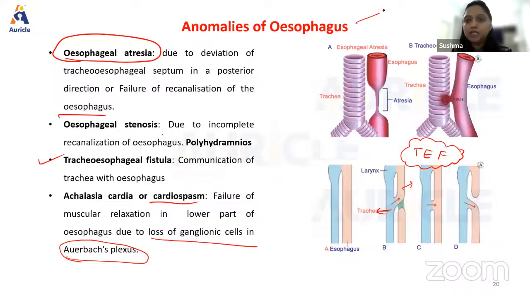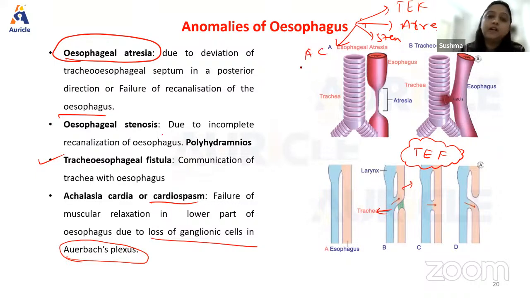So, what are the anomalies of the esophagus? Tracheoesophageal fistula, atresia, and at some places there may be stenosis also, and we have achalasia cardia. In achalasia cardia, you see a very classical bird beak appearance on barium meal. Then you inject some botulinum toxin so that the muscles relax.